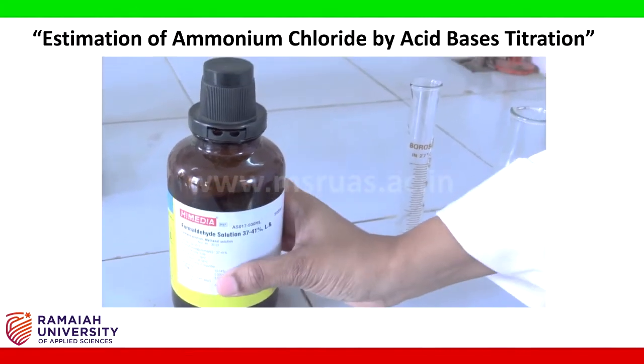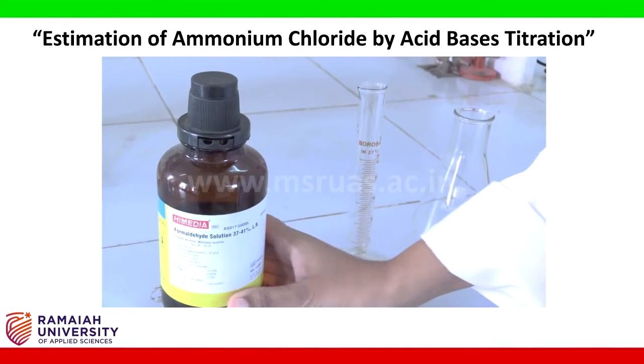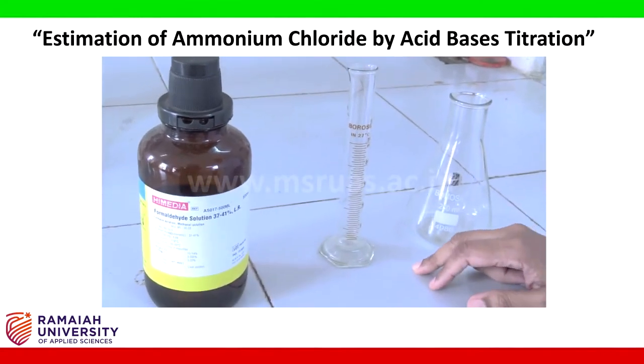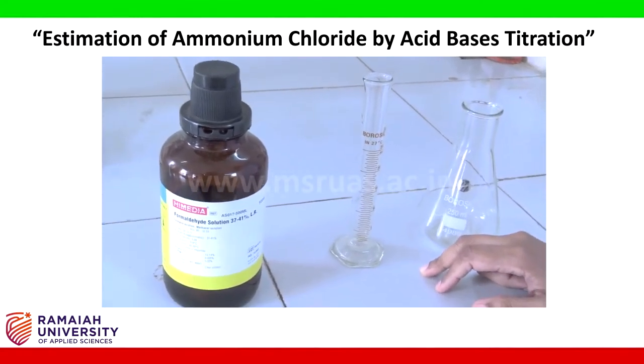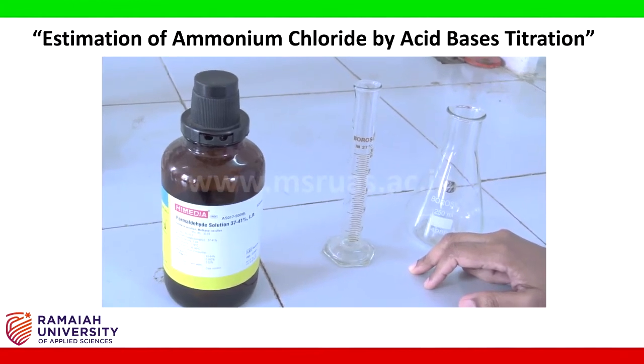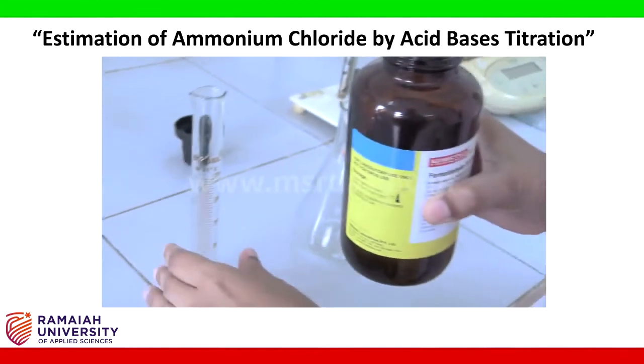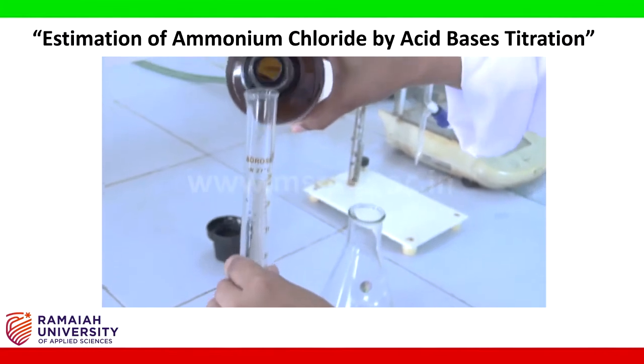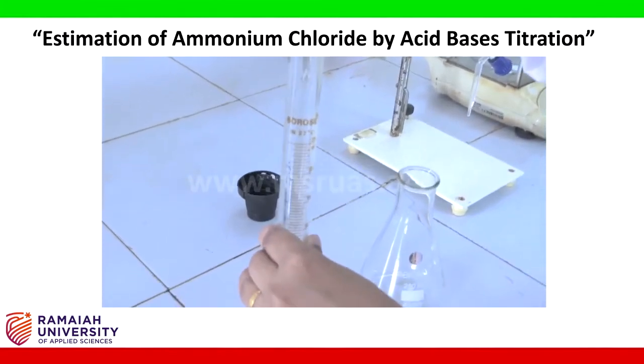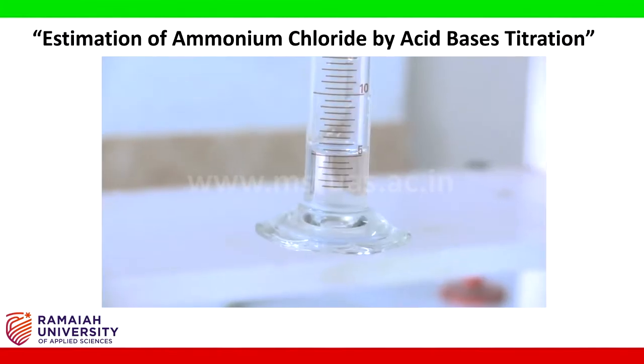So take 5 ml of formaldehyde solution, add a few drops of phenolphthalein indicator and neutralize with 0.1 normal sodium hydroxide solution. Transfer 5 ml of formaldehyde solution to the conical flask.